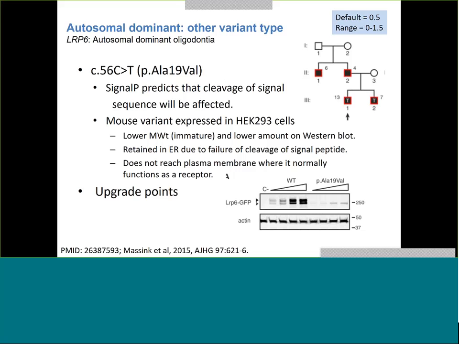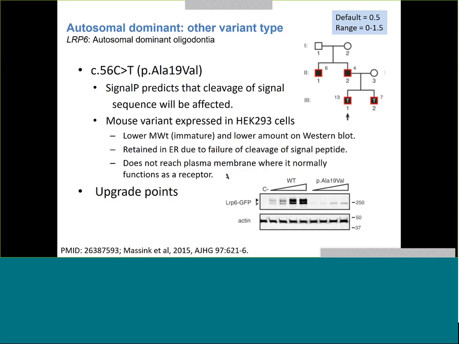Whereas here, I guess they're clearly showing that the variant disrupts the function of the protein in this cell line. Yeah, in the cell line, exactly. That's the only reservation I would have, that they show it in one cell line.